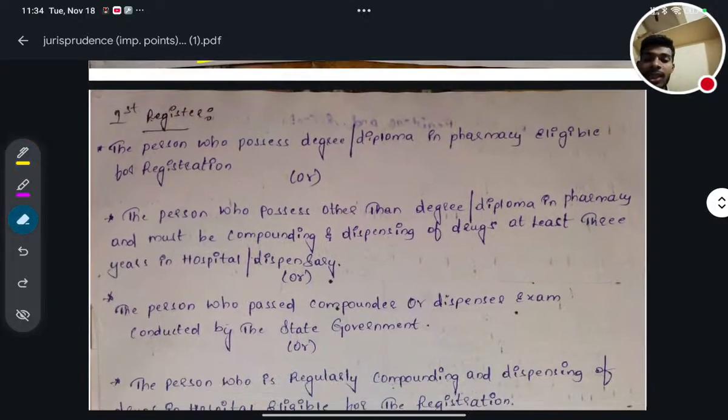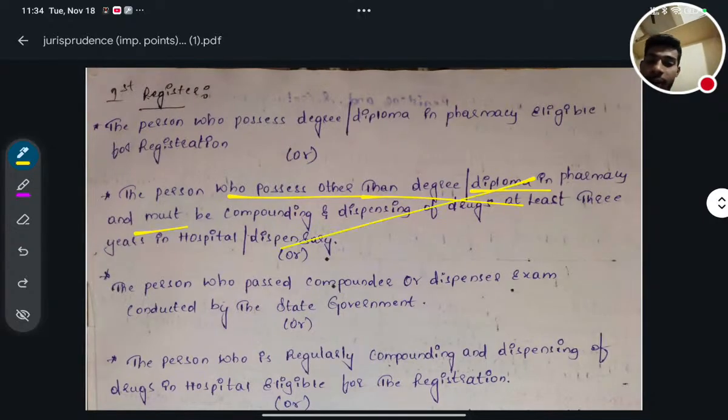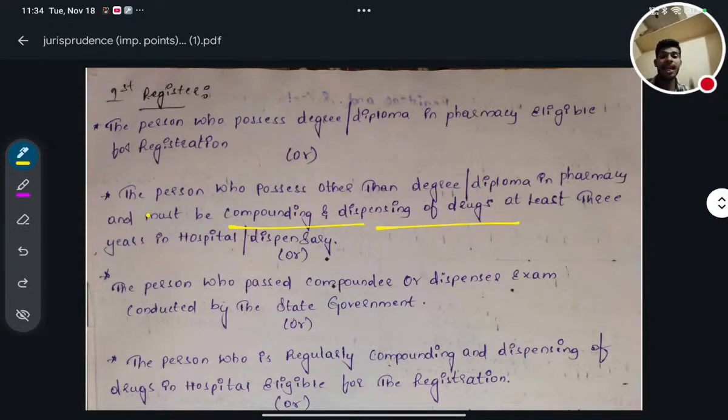Or the person who possesses other than the degree or diploma in pharmacy and must be compounding and dispensing of drugs for at least 3 years. So these 3 years is important, in hospital or dispensary.